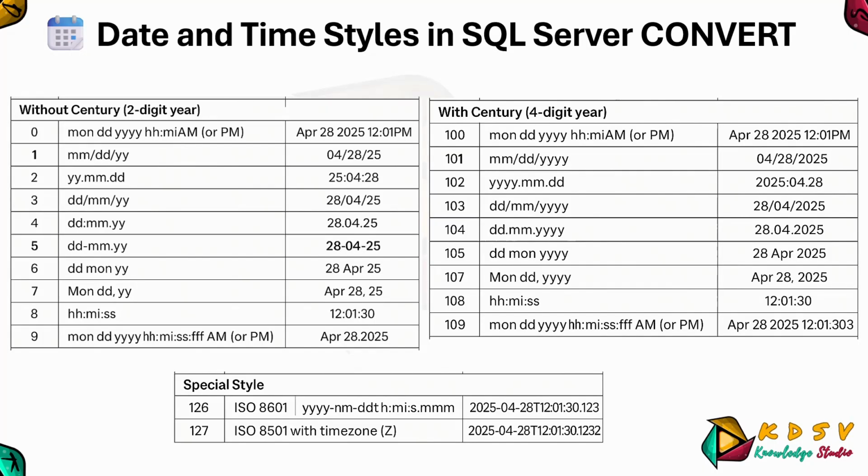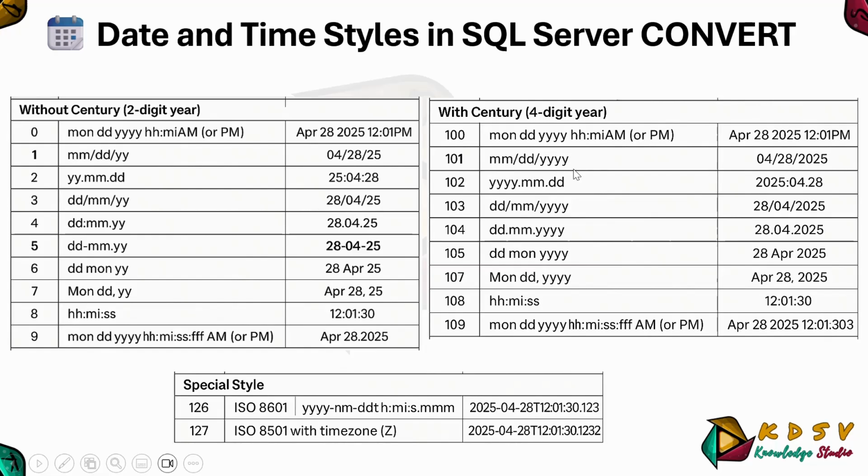We can use a number of styles in the convert function. If you specify 1 in place of 103, you will get this particular format. Any numbers from 0 to 9 will give years in 2-digit format, and any numbers between 100 and 109 will give years in 4-digit format.